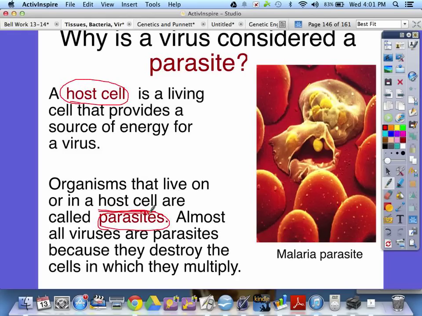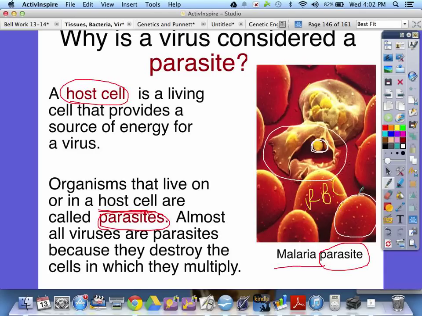So whenever you look over here, this is malaria. It is a virus parasite, a viral parasite that actually attacks cells. So whenever you look, these are red blood cells right over here. And then this structure, this little tiny circular structure right here, this is the virus. Now whenever you look at this, this cell looks drastically different from this cell down here.